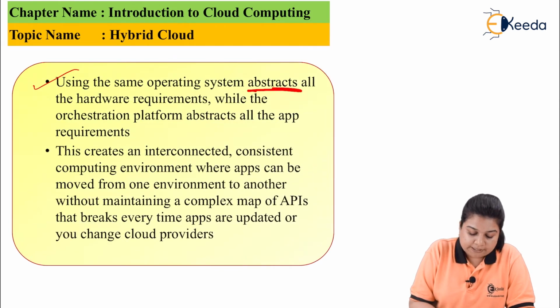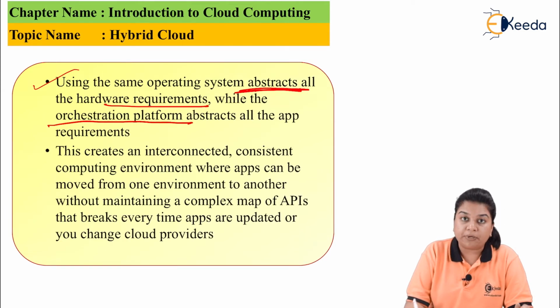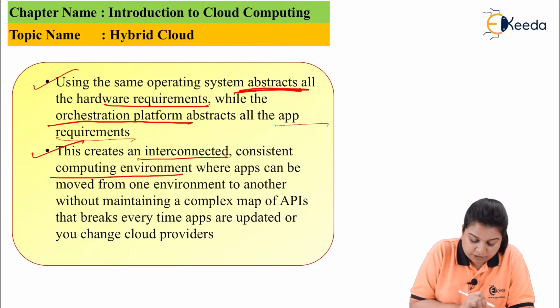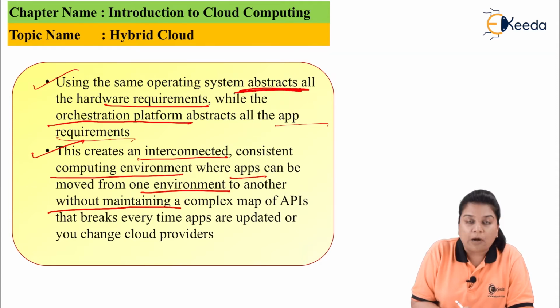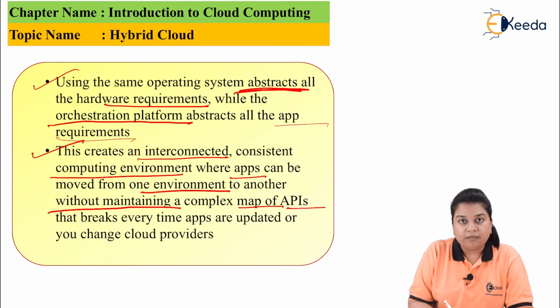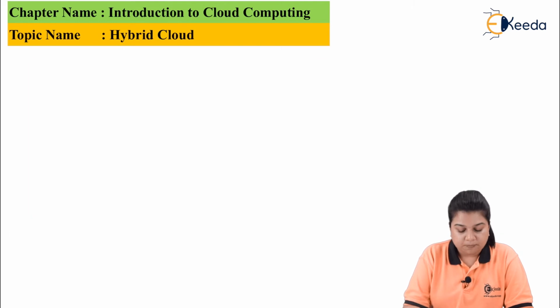Using the same operating system abstracts all the hardware requirements, while the orchestration platform abstracts all the application requirements. This creates an interconnected, consistent computing environment where applications can be moved from one environment to another without maintaining a complex map of application programming interfaces that break every time apps are updated or you change cloud providers.